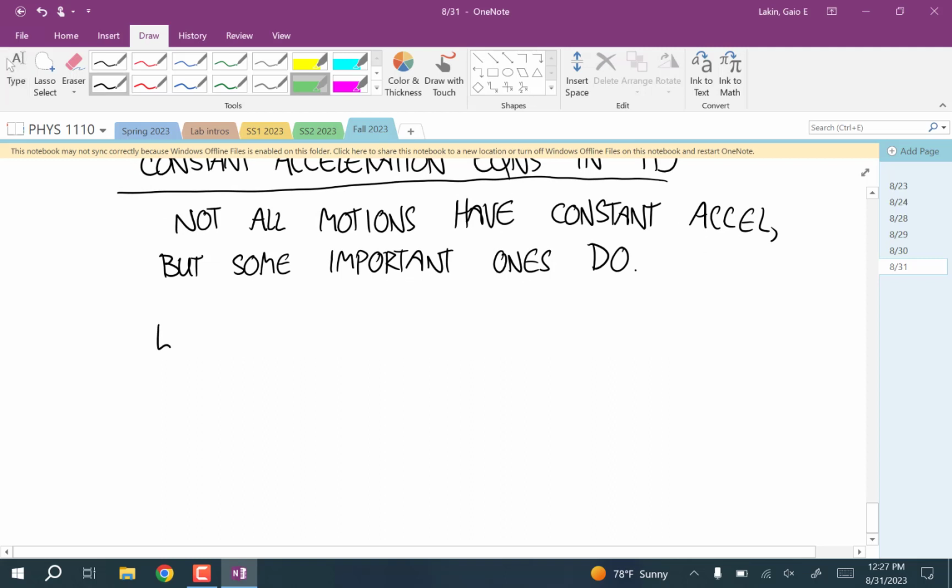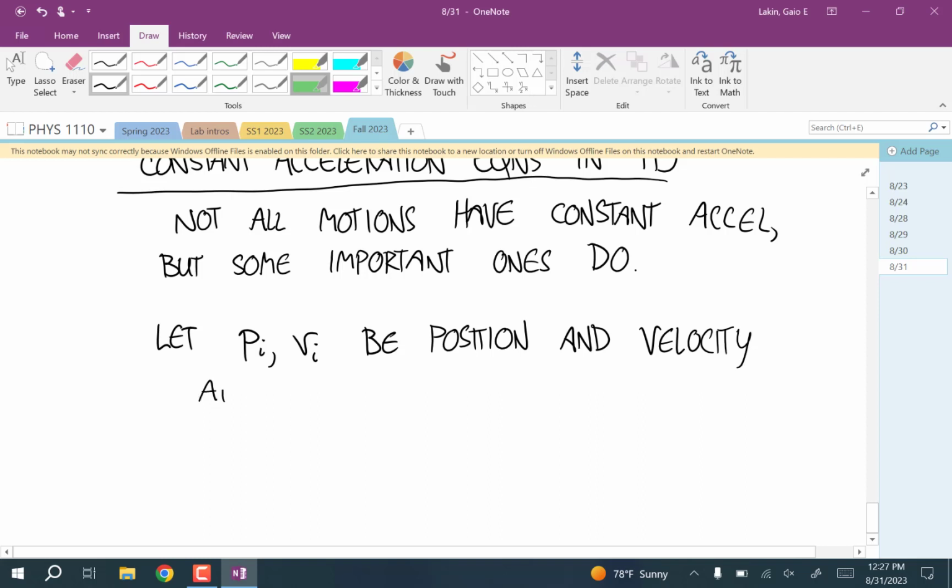Okay, so I have to define some variables first. So let P sub I and V sub I be the position and the velocity at the instant when time is equal to 0.